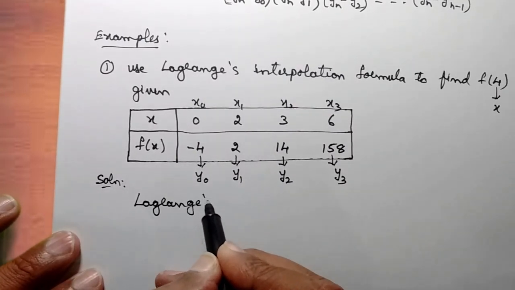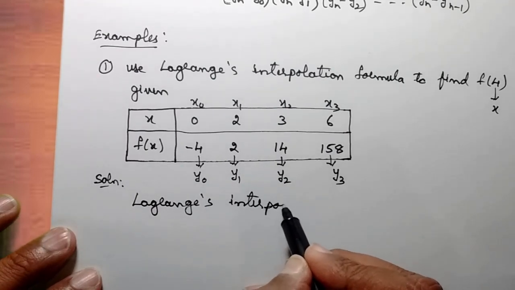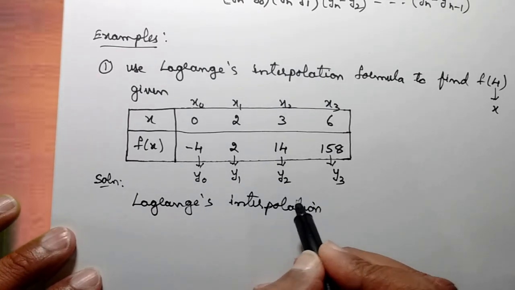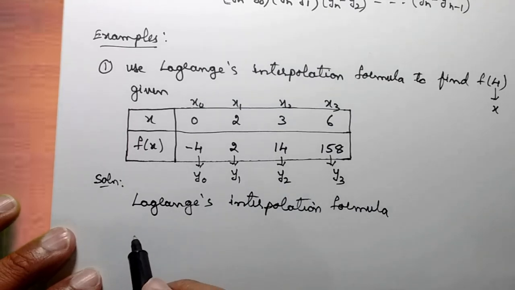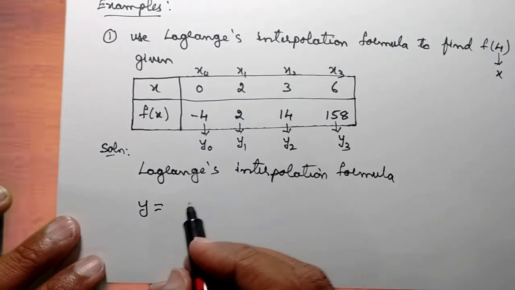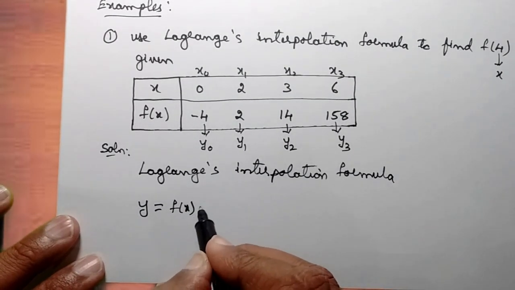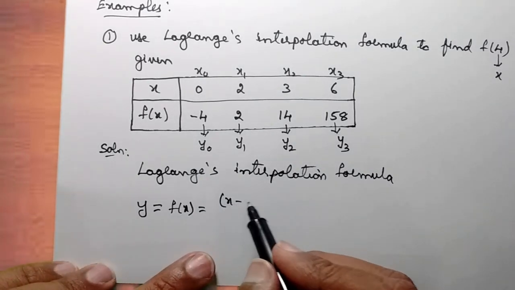So the Lagrange interpolation formula: y will be equal to f of x. Anyway, you can write it. Now you write x minus x0 will be missing in the first case.